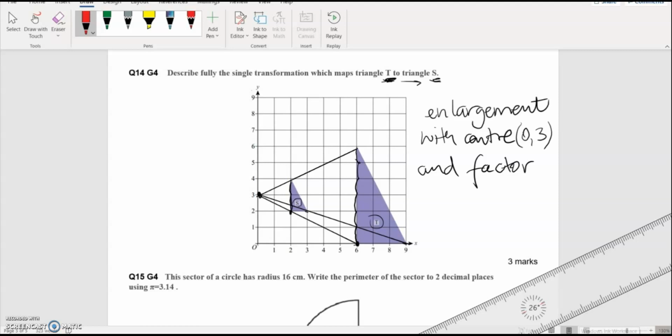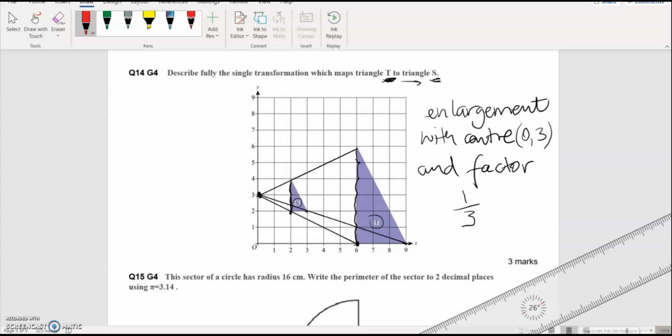So we've gone from 6 to 2. So 2 is 1/3 of 6. So the factor of enlargement is 1/3.